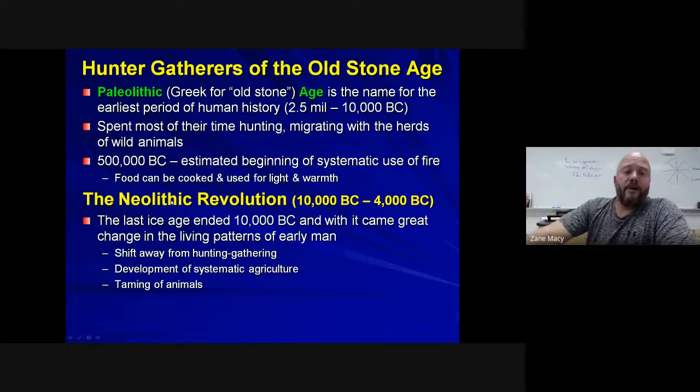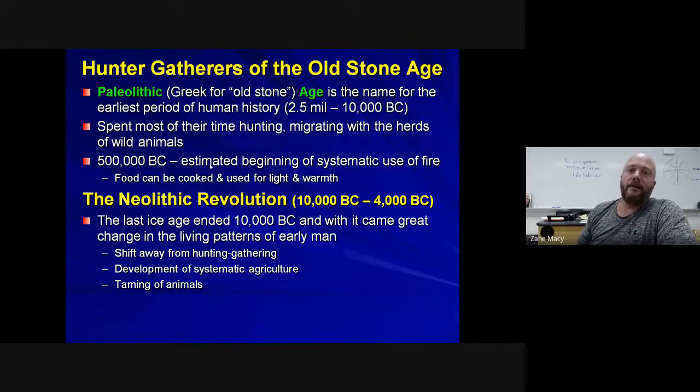Now, around 500,000 BC, that's when it's estimated that mankind began the systematic use of fire. At first, it was discovered that fire gave off warmth, it gave off light. And I'm sure by accident, some quote unquote caveman dropped a piece of raw meat into a fire.